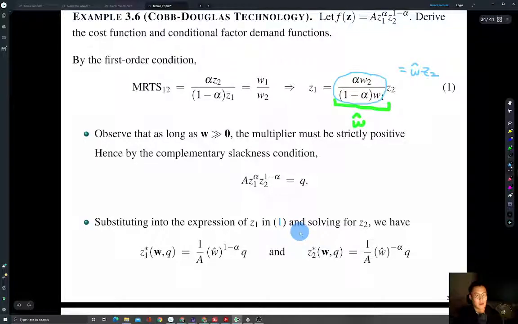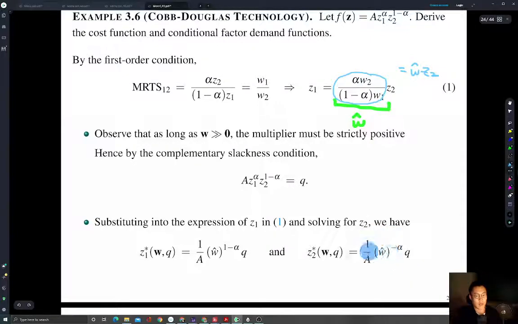And what can I do using this condition? I can substitute w hat z2 for z1 here. Then I have an equation for z2, and solving for z2 gives me this one.